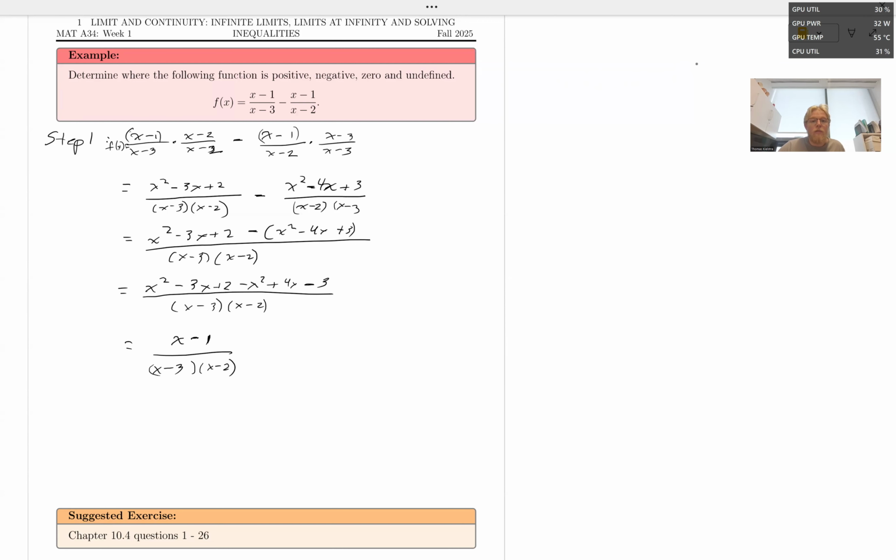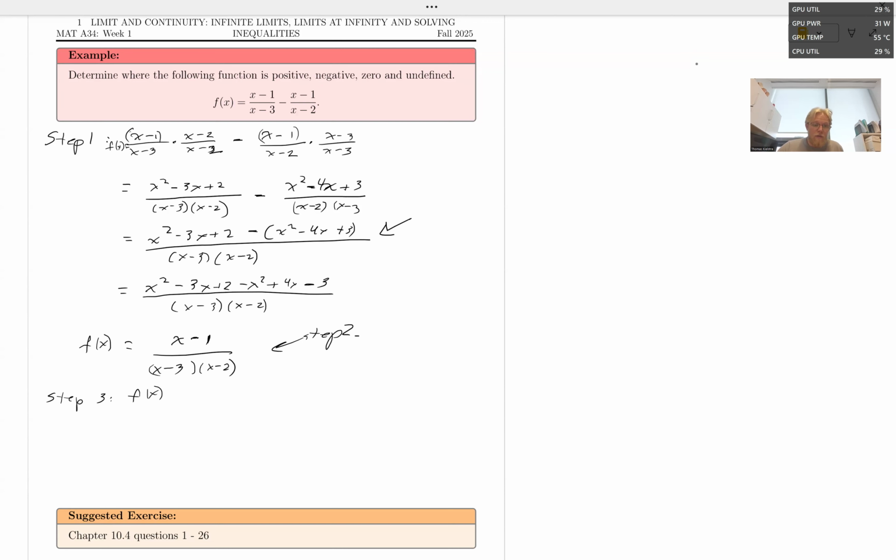Okay. So this was step 1. And now this here is step 2, factoring. And you'll notice that I rolled right into step 2. Right? So that's my f of x. F of x equals this expression. So now, what are my split points? Step 3. Right?